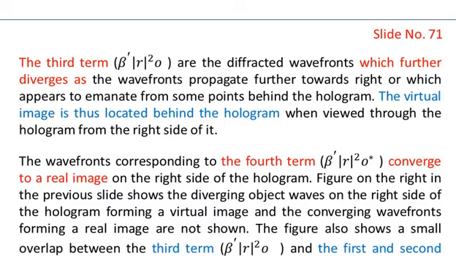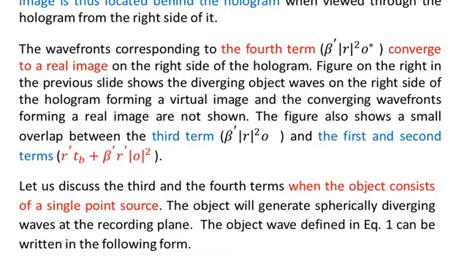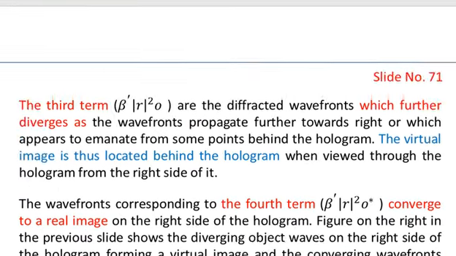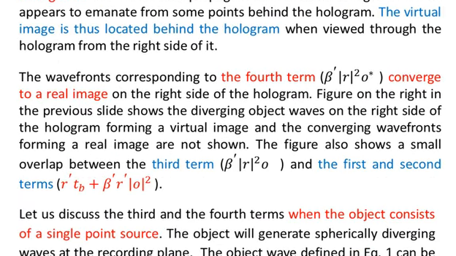So this is what I have already explained. The wavefronts corresponding to the fourth term, this one, converge to a real image on the right hand side of the hologram. This is the figure I am talking about.